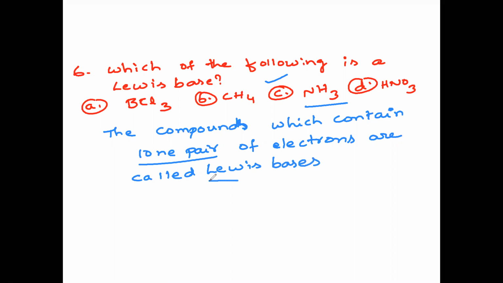So the answer is ammonia, because ammonia contains nitrogen, which has one lone pair. Here no lone pairs, here also zero lone pairs, and here also zero lone pairs. BCl3 is an electron deficient compound, so BCl3 is a Lewis acid.